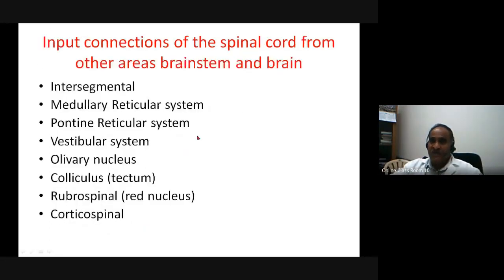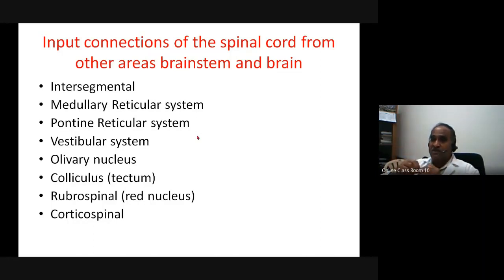Now coming back here, considering all that, what are the areas from which the inputs reach the spinal cord? One of the areas is the spinal cord itself. That means it interacts with itself. Another area is the reticular system.